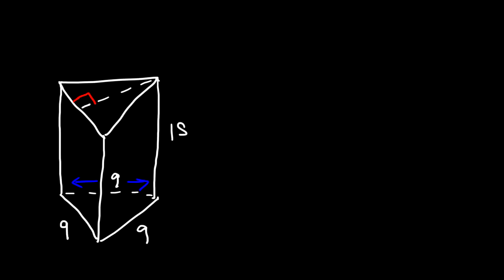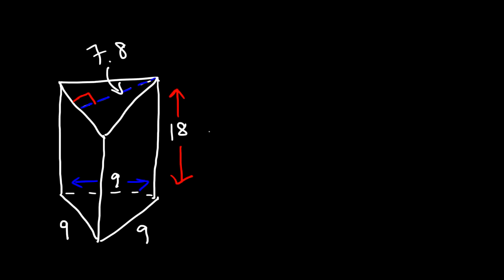And this is 18. And this portion highlighted in blue, let's say that's 7.8. So with this information, you should be able to find everything: the volume of the triangular prism, and also the surface area. So go ahead and take a minute and figure that out.